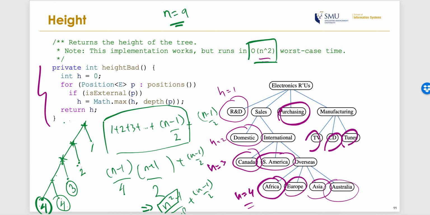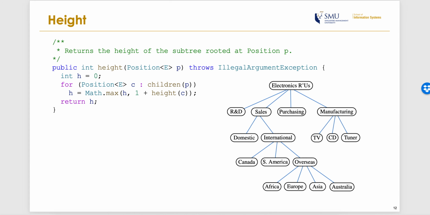So a slightly different implementation to this is going to have the following. We are going to return the height of the subtree that is rooted at the position P. In this case, let's take the root itself as the position. Now let's branch out to the children, and this is going to be given by the for loop here.